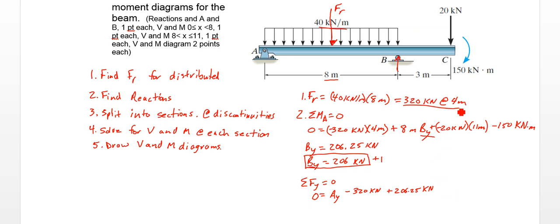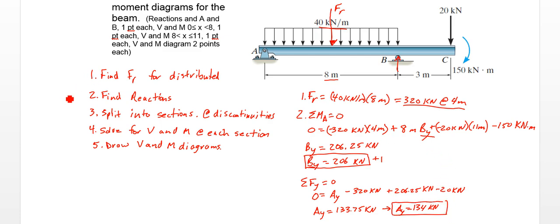And then we have a negative 20 kilonewtons over here at C. So with all of that, we can add this up, bring it to the other side. So AY equals 133.75 kilonewtons, which goes to three significant figures is 134 kilonewtons.